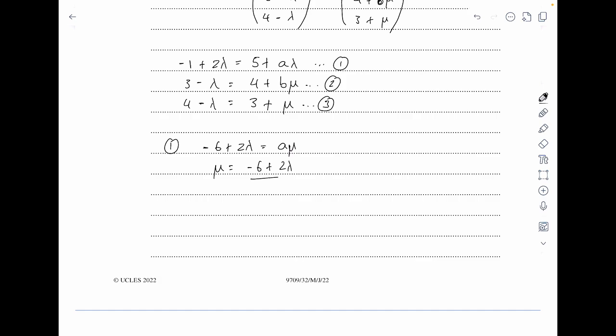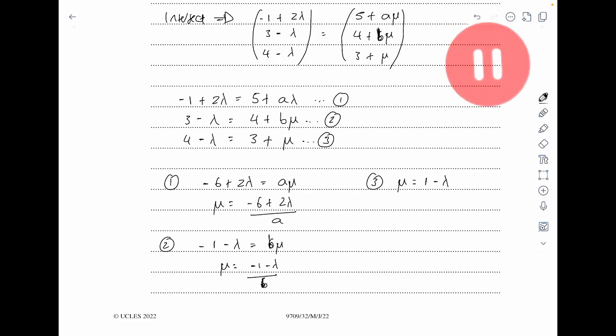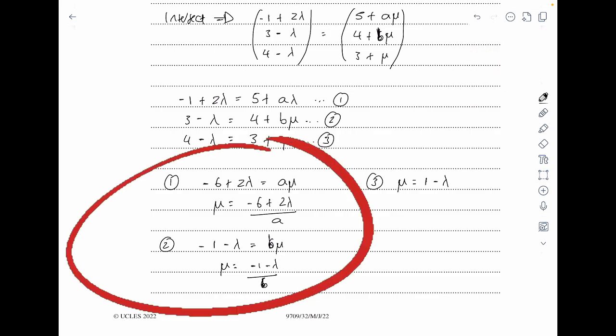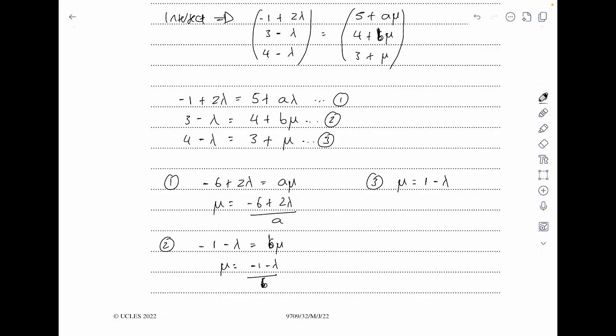I picked mu to be the subject, but you could have easily done lambda. But wait, there's a problem in both 1 and 2. The problem here is that we have 3 variables, which means we can't generate an equation in terms of A and B. We need to plug in equation 3 in order to give us an equation only in terms of A firstly and then B after.